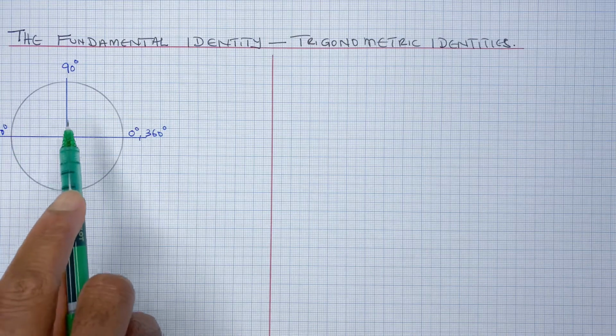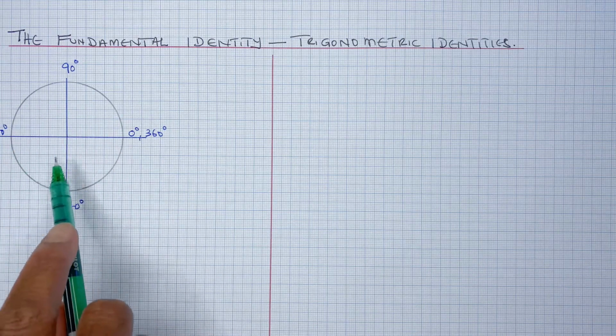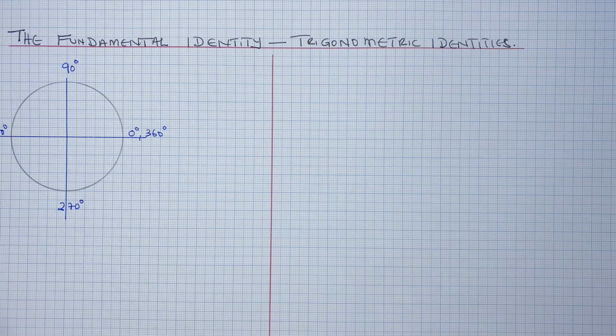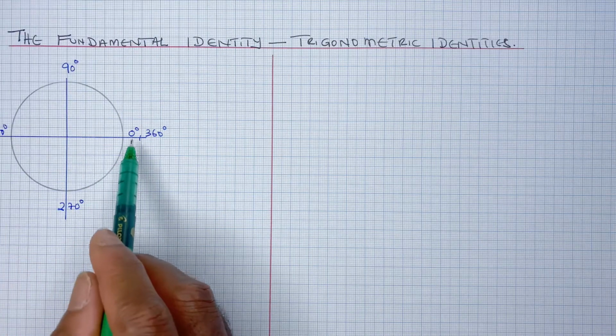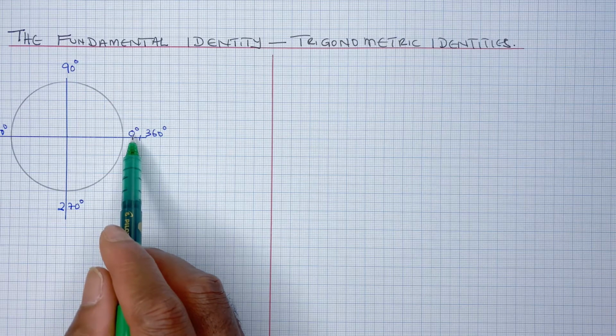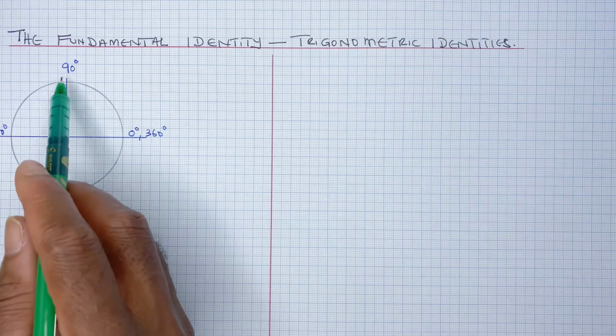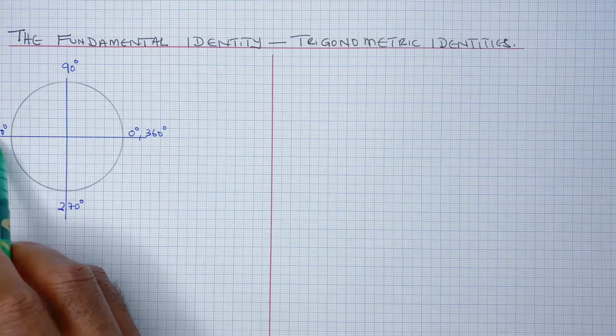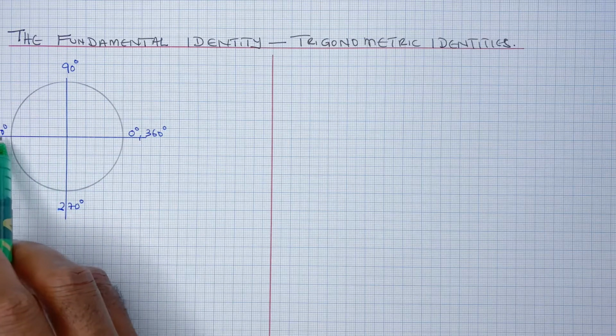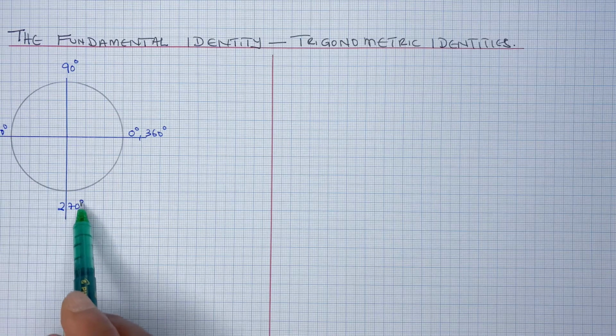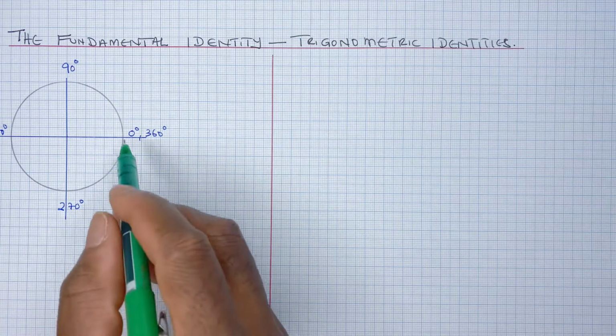So I've got a circle here, a unit circle, and I have labeled the circle 0 degrees starting from right here. We always start from 0 to 90 degrees, 180 degrees, that's out of the picture, 270 degrees and back to 360.